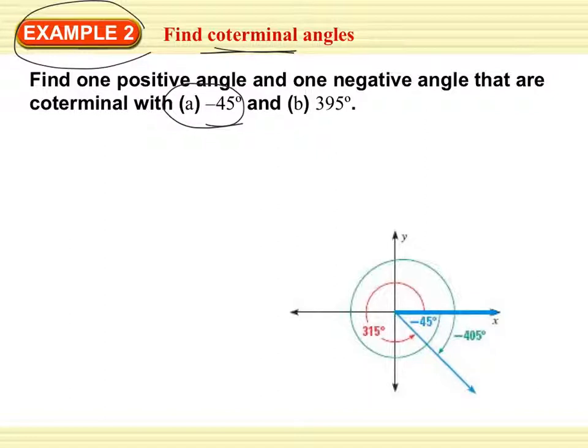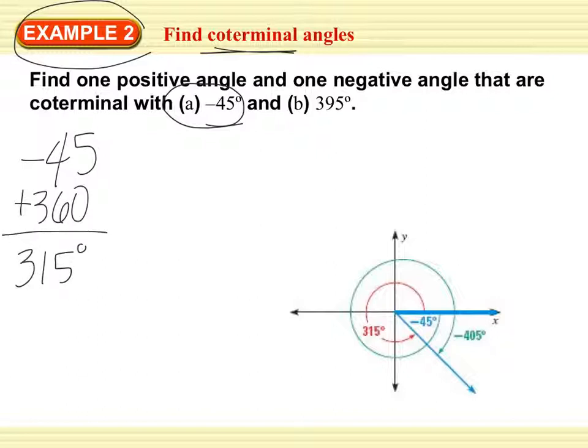So if I look at negative 495, I'm going to add a multiple of 360. And here I actually get 315 degrees. So if I look here, negative 45, I'm going to add 360. I didn't add either, I went the wrong way.